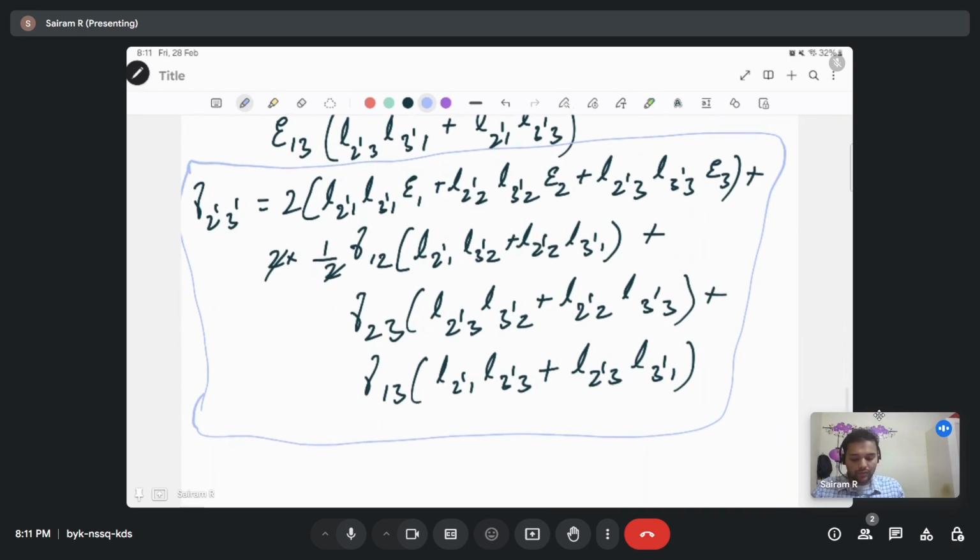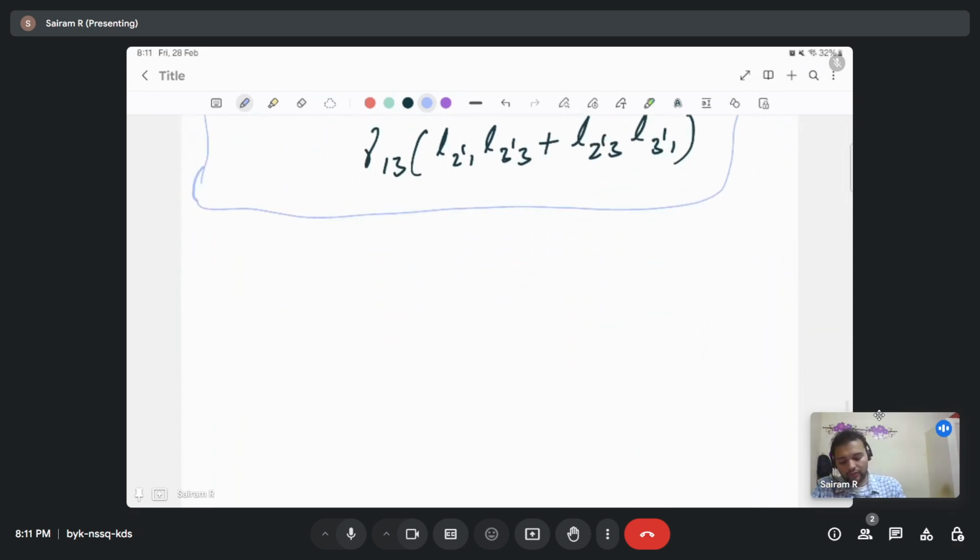Okay, I hope you are able to understand this. If you are able to understand, so right now we have, professor has solved epsilon 1 prime 1 prime and gamma 1 prime 2 prime.